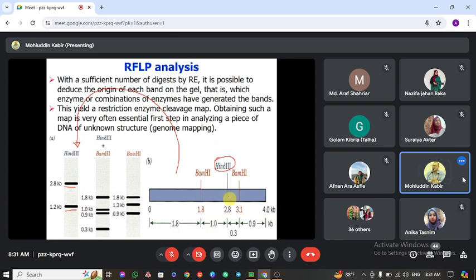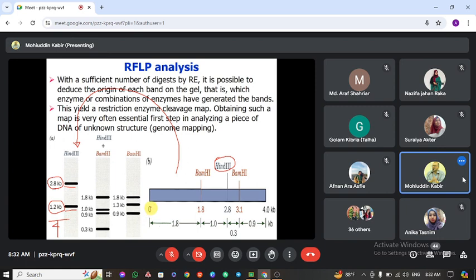That means there is a HindIII restriction site. But where it is located, we can easily identify by the distance of the bands. The first band has 2.8 kb length. The second band has 1.2 kb length. So the total is basically 4 kb.